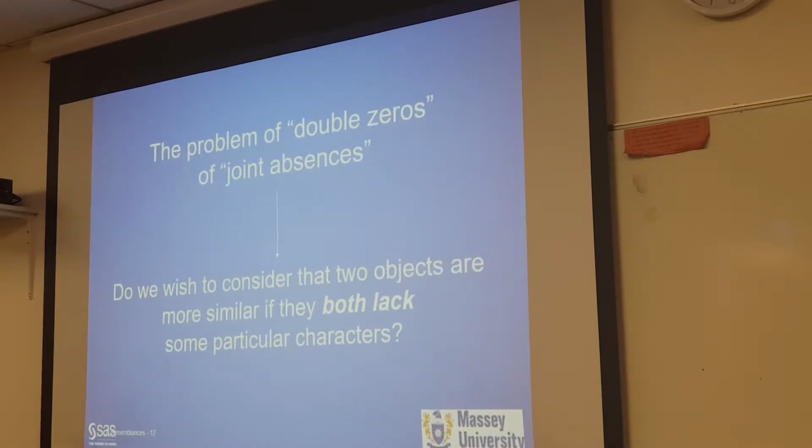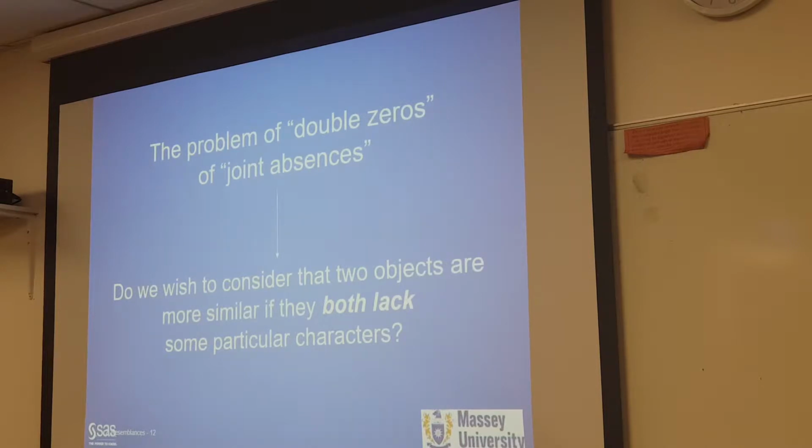Do we want to consider 2 objects to be more similar just because they both happen to lack particular characters? We are actually saying they're important because of D, the times that they got 0, 0. I could arbitrarily add extra variables in there that they both happen to lack, and then these objects would become more and more similar as a consequence. So in some respects, that doesn't really make sense.